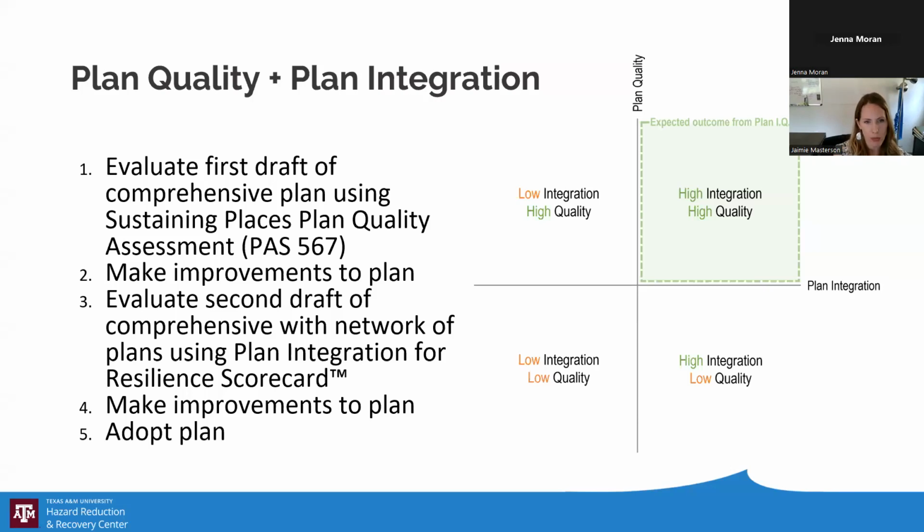So there are hazard mitigation plan quality tools. I know there's also some environmental plan quality tools. There happens to also be a comprehensive planning plan quality tool, and this was developed by the American Planning Association. They have some resources out there on that.